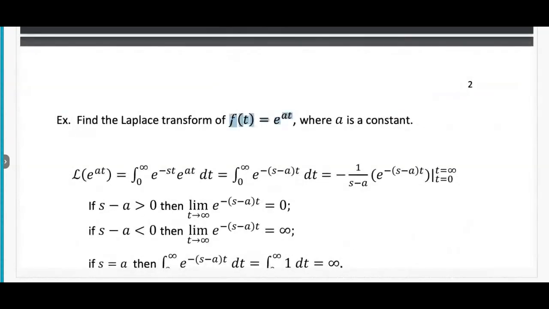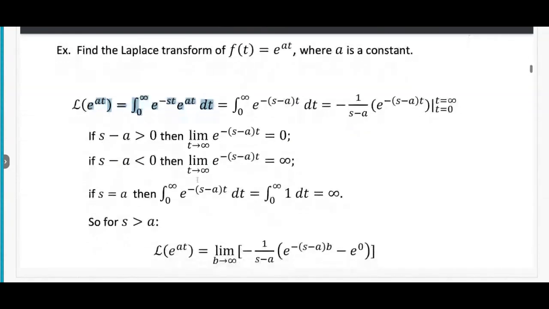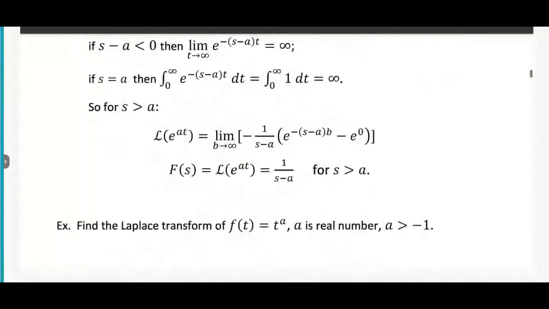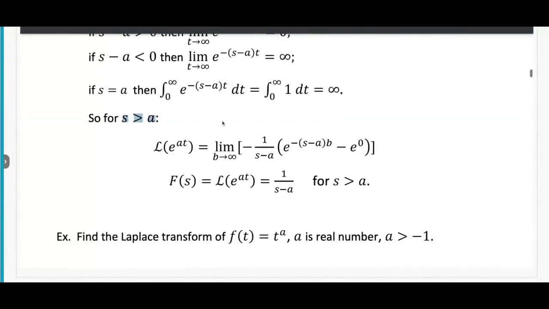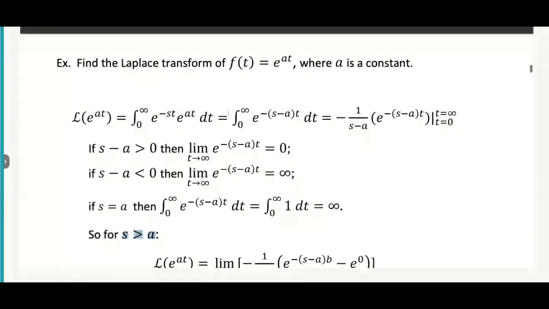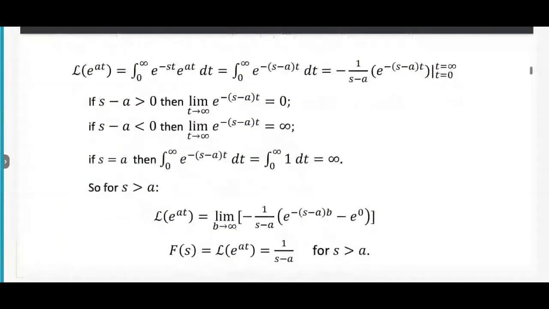Then we talk about this case, exponential function, e to the at. a is just some number. You can imagine e to the 3t, e to the 4t, e to the 5t, so on and so forth. So going through the Laplace definition, in the end, we get for s bigger than a. a is the coefficient of t.